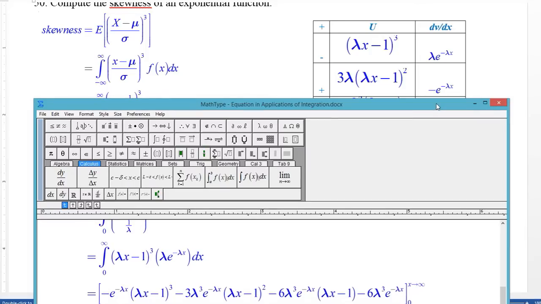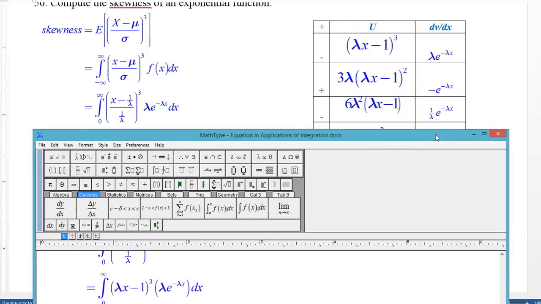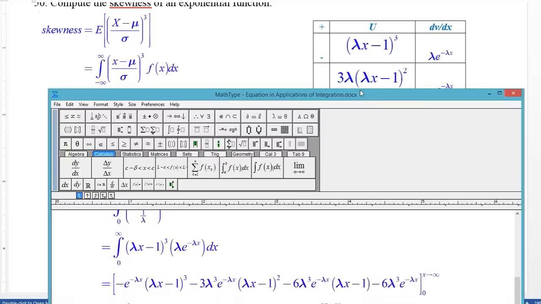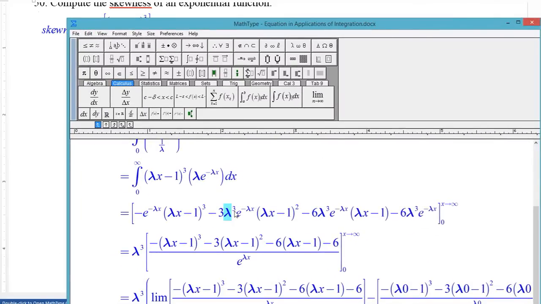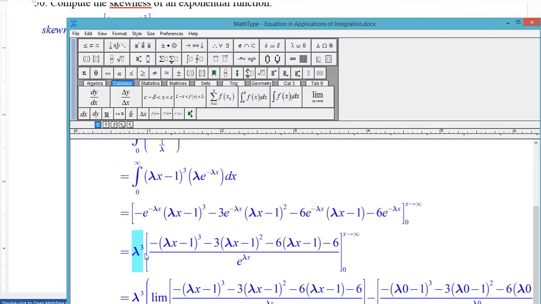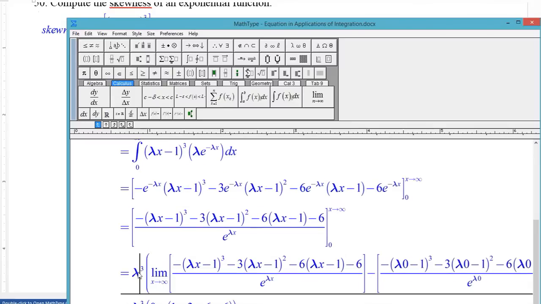And the next one is 3 over lambda times 1 over lambda, which is just 3. So this should just be 3 here. Basically, I've got an extra lambda cubed everywhere. If I get rid of that, I think I'm good to go. So we can get rid of that lambda cubed.